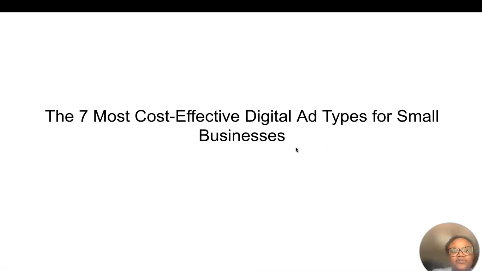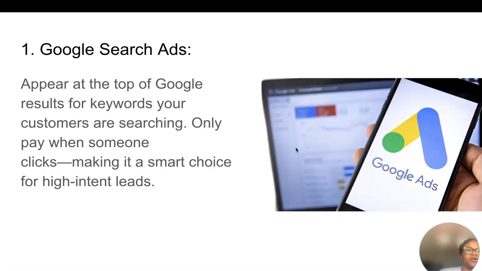Here are the top 7 most cost-efficient digital ad types for small businesses. Okay, so number 1, of course, is the Google search ad. Google is the head honcho, the king, right?